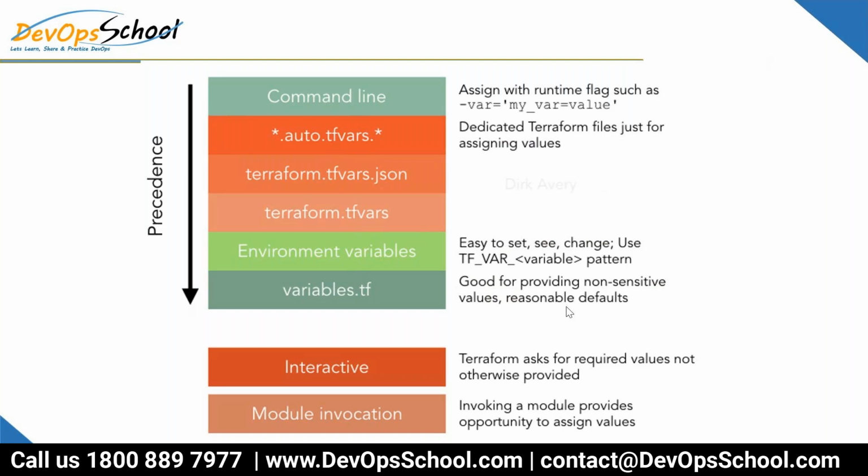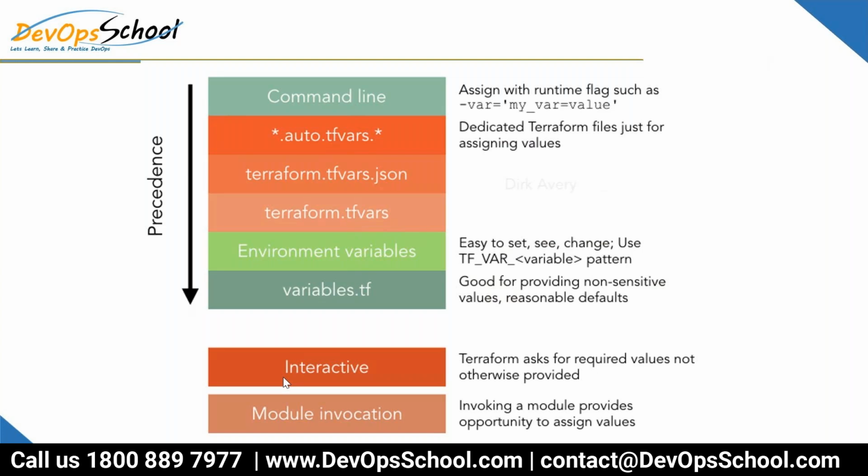If you declare variables in Terraform, but you did not declare values, what will happen? It will ask you when you run apply and plan. Terraform will ask you, hey, give me the values for this. You forgot those values. So that is called interactive. Terraform asks for required values not otherwise provided. Clear, all of you?